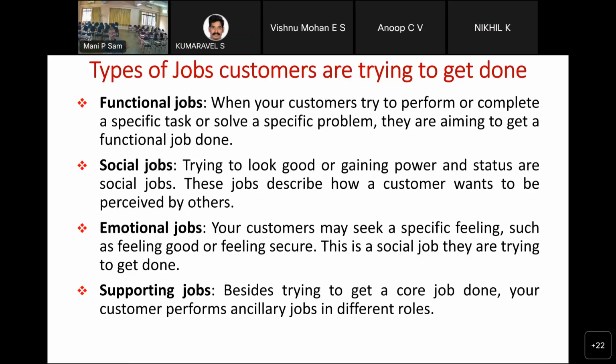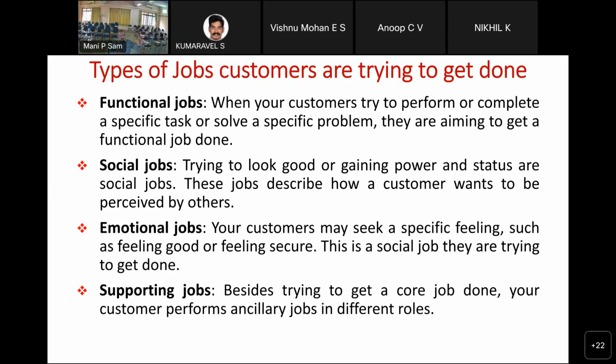Then there is a social job, which allows the person or the business to look good, gain power and status. And you find lots of it happening through social media these days. Or there may be an emotional job, a specific feeling of feeling good, feeling secure.